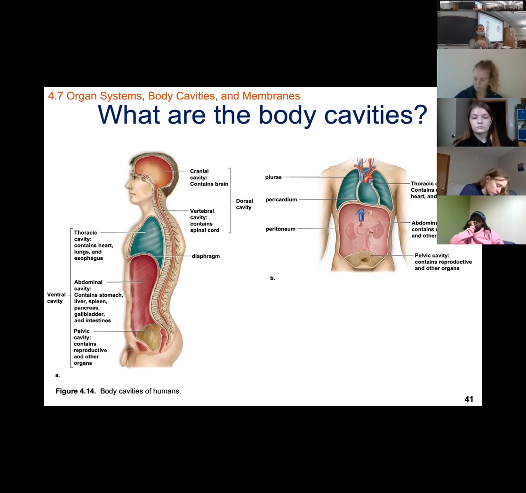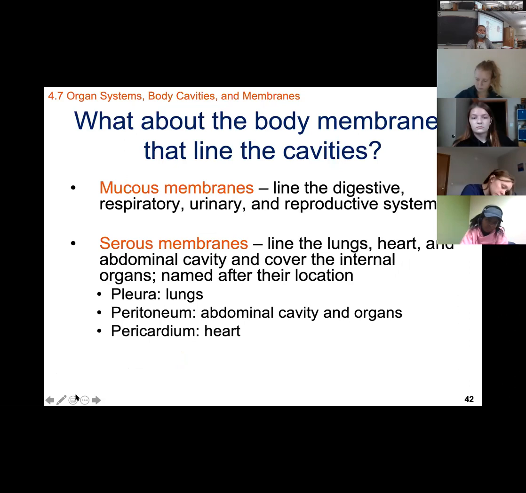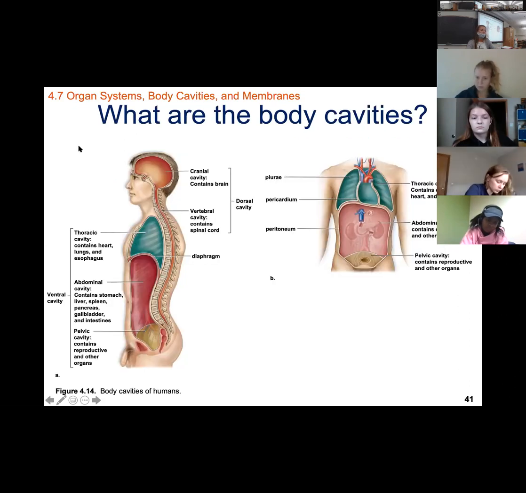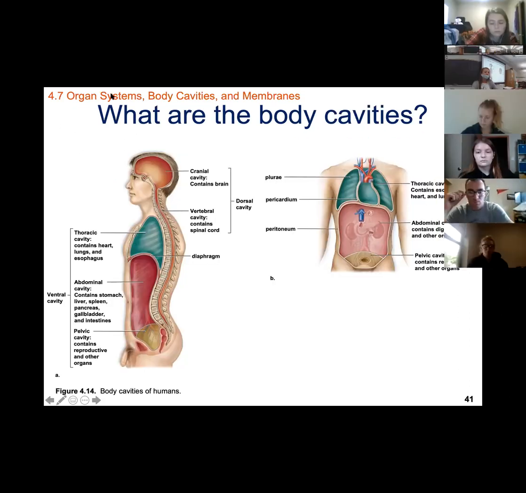So your thoracic cavity is what contains your heart, your lungs, and your esophagus. So kind of in that chest area, the thoracic cavity. Then you have your abdominal cavity, your pelvic cavity, and things like that. So this is just that space that holds those important organs.